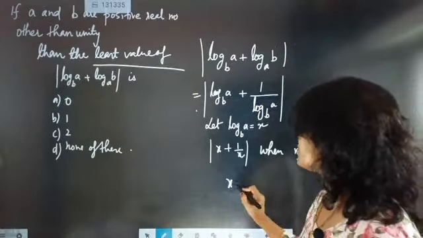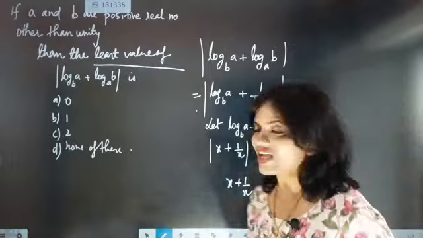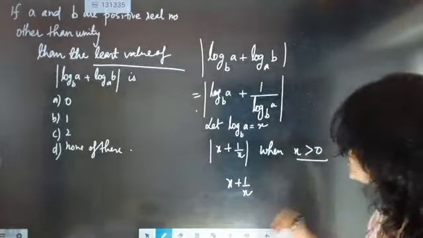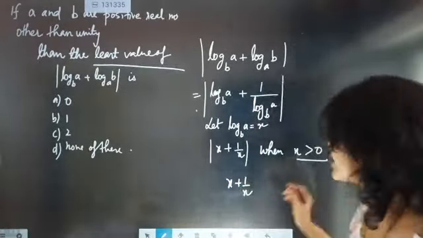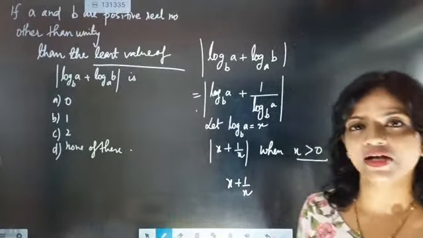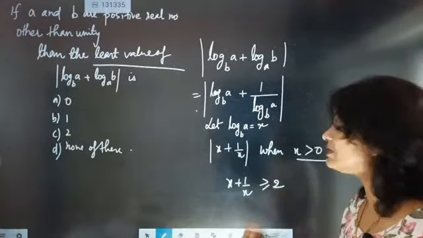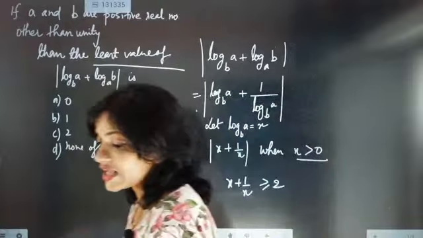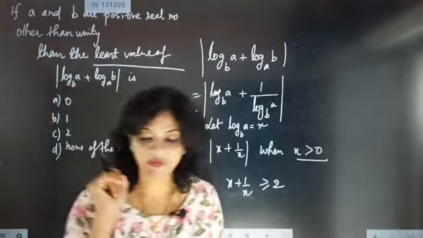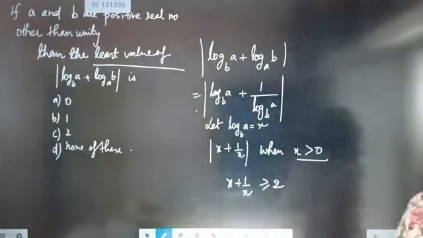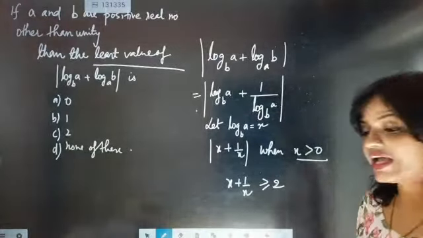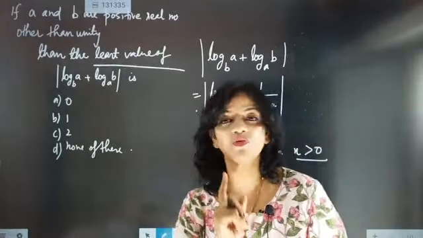So now the change of sign will create an impact. When x is greater than 0, any value we can take, and once we get any value, it is greater than or equal to 2, because they have given minimum. Again I am repeating, the case is for minimum.